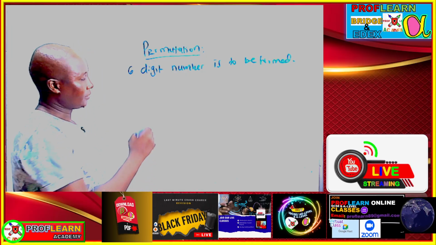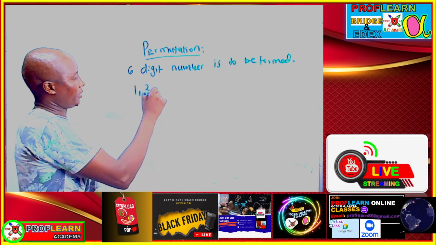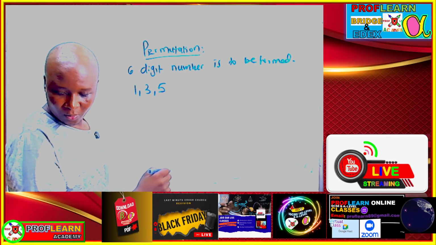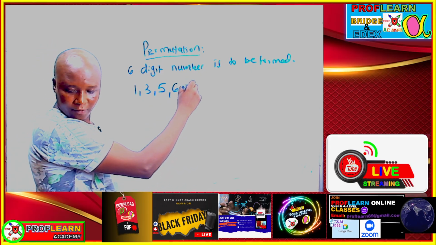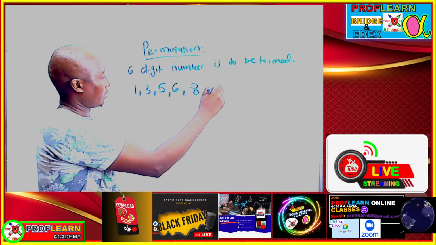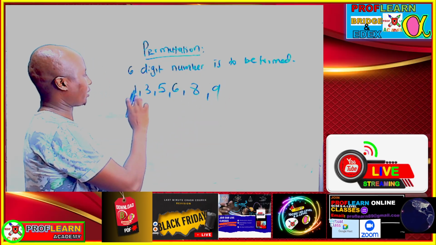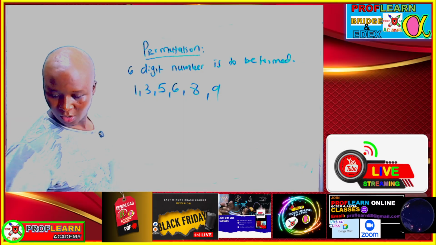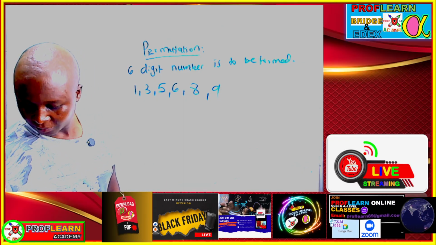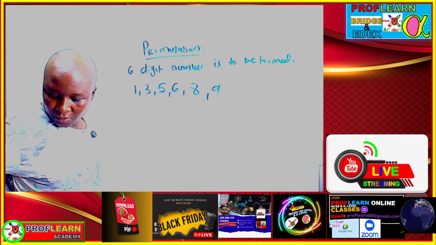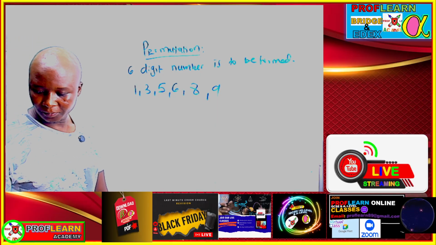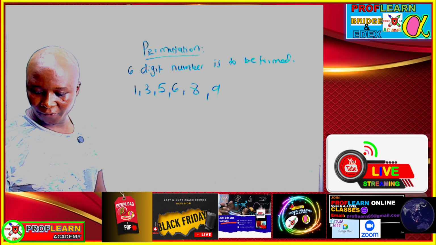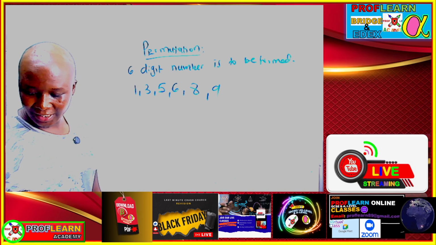We have 1, 3, 5, 6, 8, and then 9. How many numbers? 1, 2, 3, 4, 5, 6. Each digit may be used only once. Find how many different numbers can be formed.